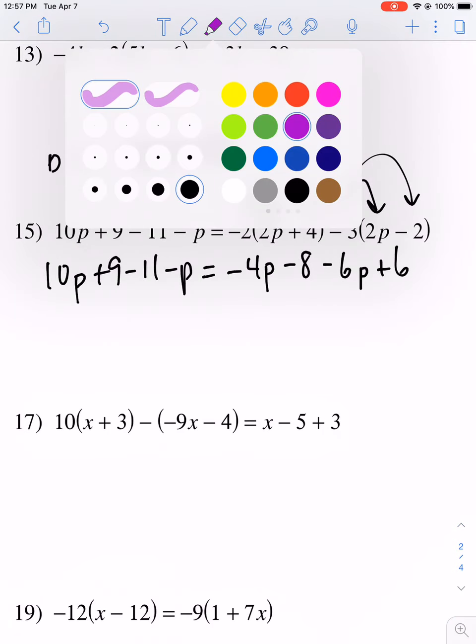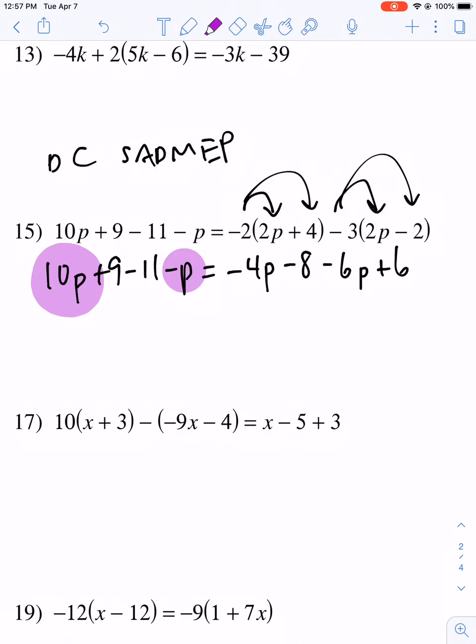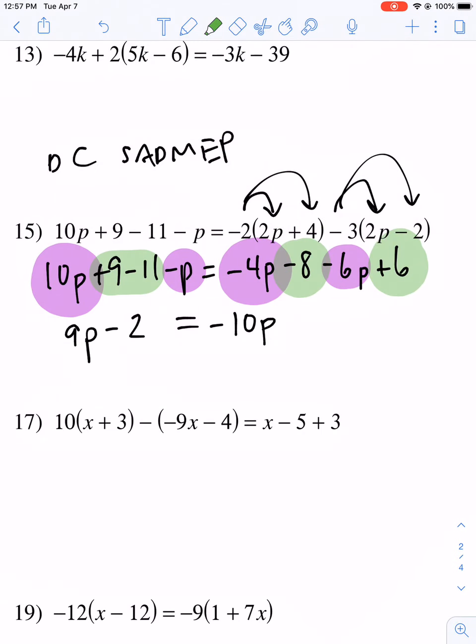So let's see. These are like terms. 10 minus 1 is 9. And these are like terms. 9 minus 11 is 2. Alright, do we have any like terms over here? Negative 4p, negative 6p. That's negative 10p. Alright, negative 8 plus 6. That's going to give us negative 2.